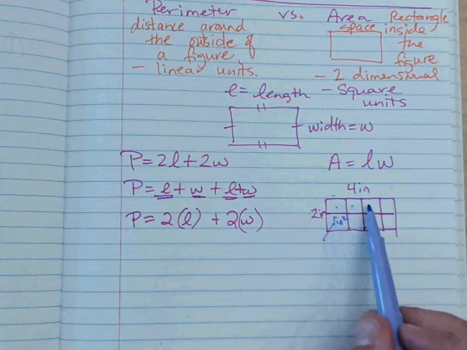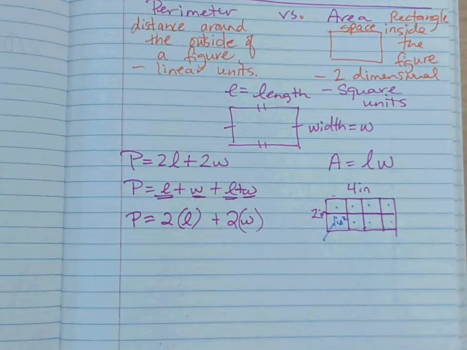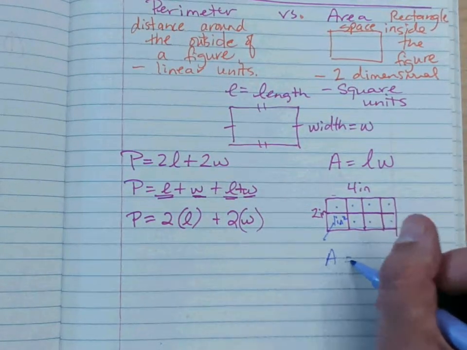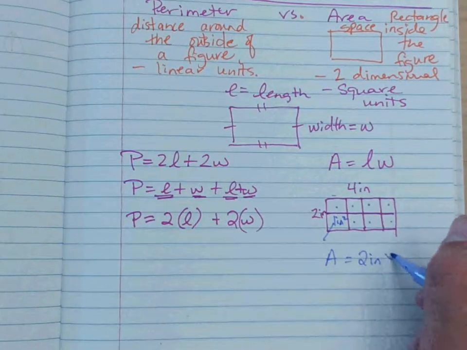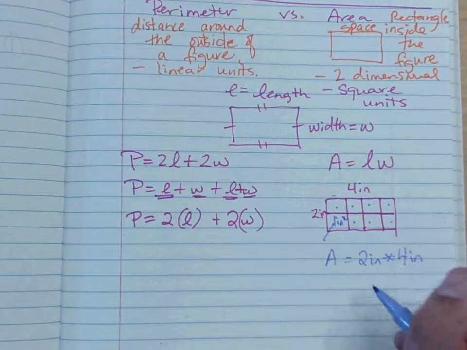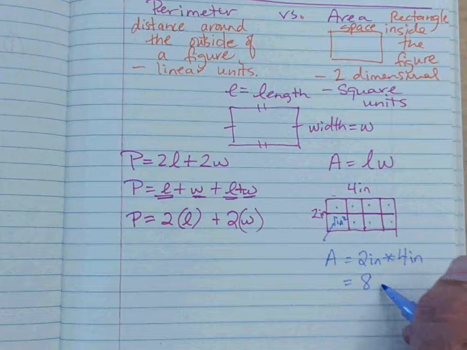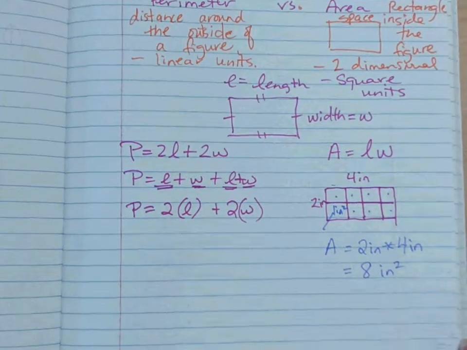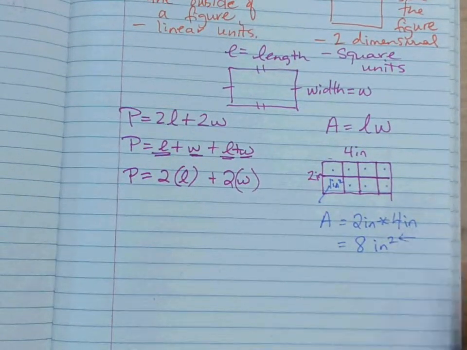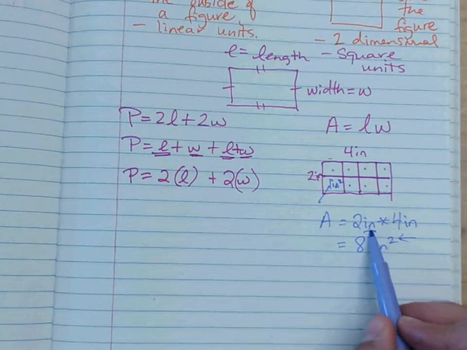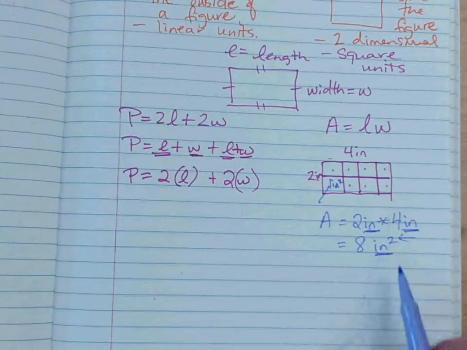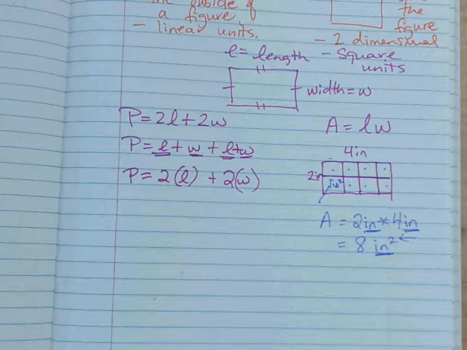So I have 1, 2, 3, 4, 5, 6, 7, 8. Notice if I do 2 inches times 4 inches, I'm going to get 8 inches squared. We use this exponent because I'm multiplying inches times inches, I get square inches. And that's how we know that something takes up area, it takes up square units.